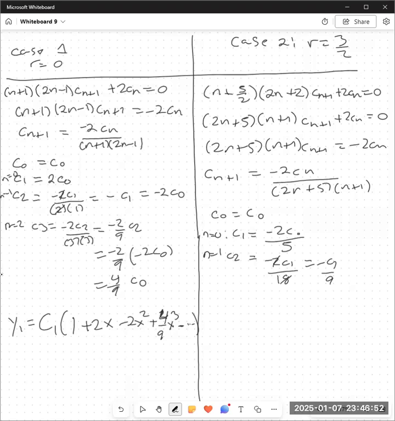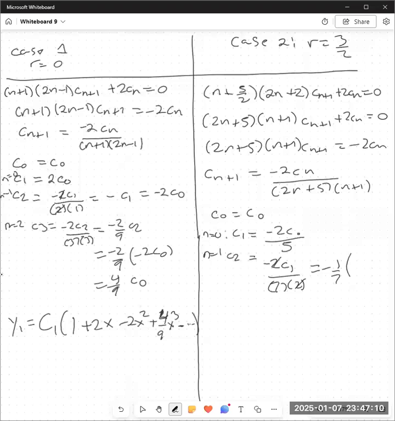No, this is not 18. This is when n equals 1, it's -2C1 over 2 plus 5 is 7 times 2. Those 2's cancel, that's -1/7 C1, which is -2C0 over 5. So that is 2 over 35 C0.